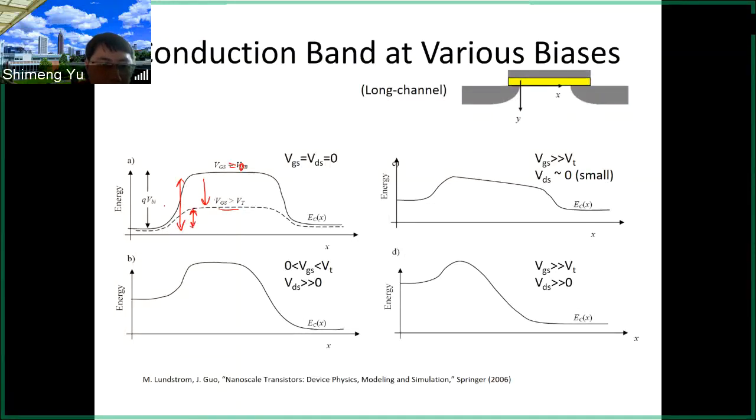Then we have the electrons move over if we apply the drain voltage here. So the electrons now see a small barrier, and if you have a small drain voltage, then the electrons can fall down this slope. So actually small drain voltage, this is the linear region.